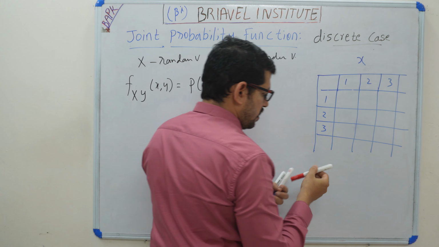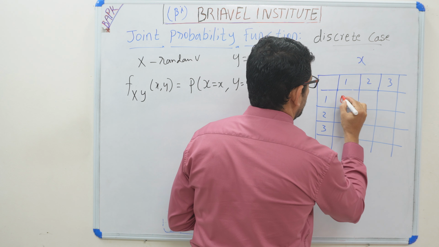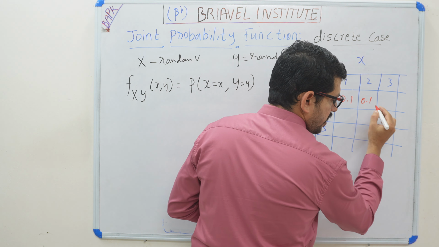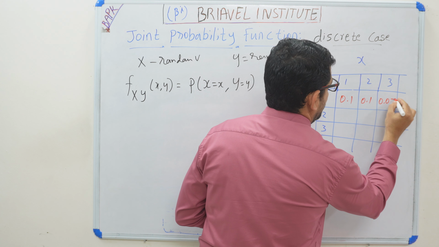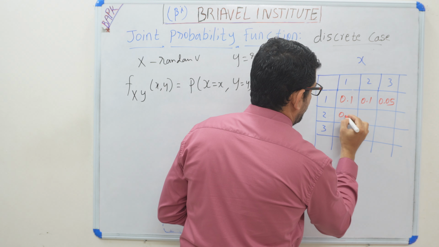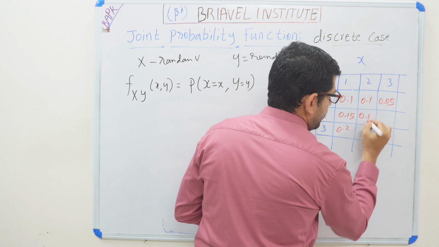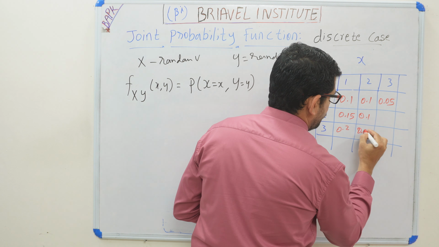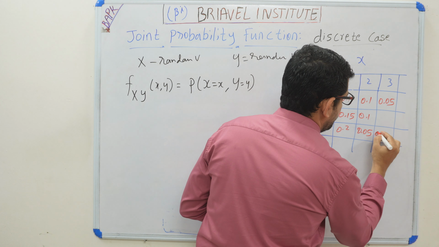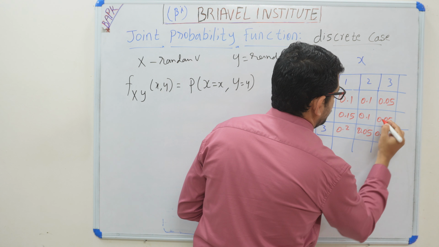So these values are 0.1, 0.1 and 0.05 and 0.15, 0.2, 0.1 and 0.05 and 0.2, 0.05.